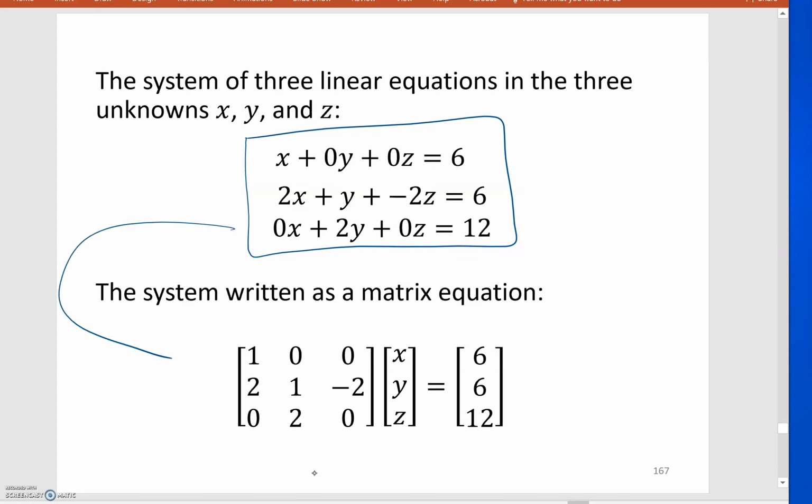Then we want to turn this into a matrix system. So our matrix is 1, 0, 0, 2, 1, -2, and 0, 2, 0. Then we'll have our variable matrix and finally our coefficient matrix. Then we can enter this into the calculator as matrix A. This will be matrix B, and this is what we're going to do the inverse of.